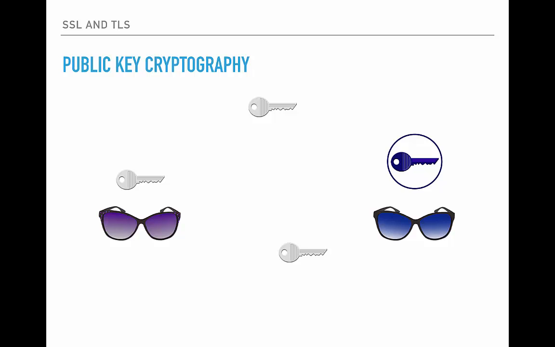First, consider that Violet has Mr. Blue's public key. If Violet has a private message for Mr. Blue, she first encrypts that message with Mr. Blue's public key. The encrypted message is transmitted securely to Mr. Blue.